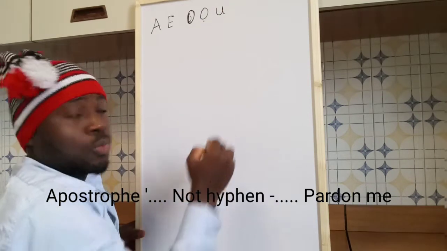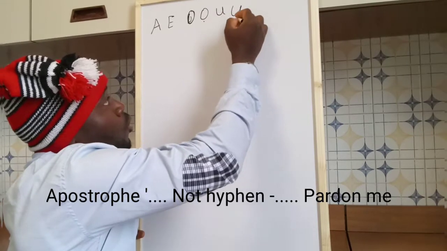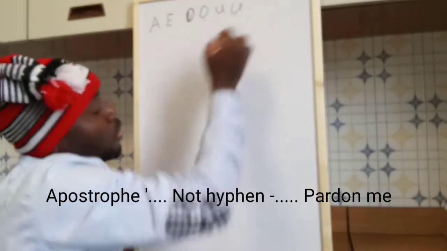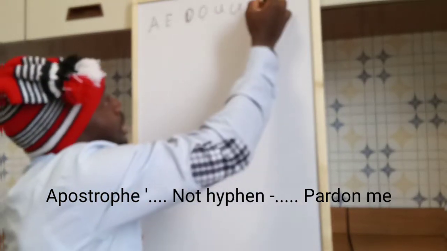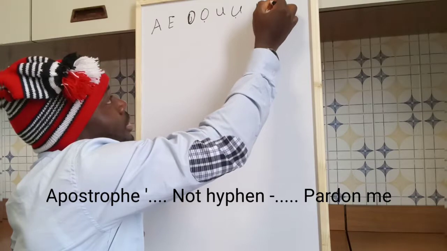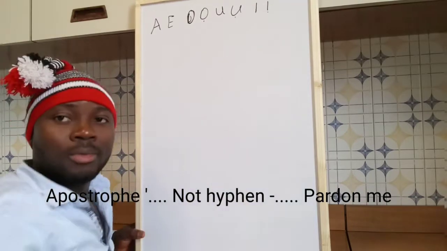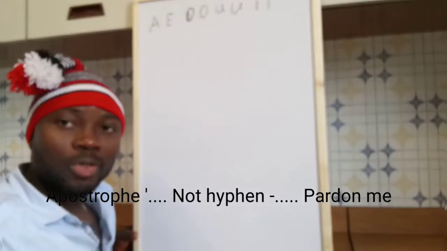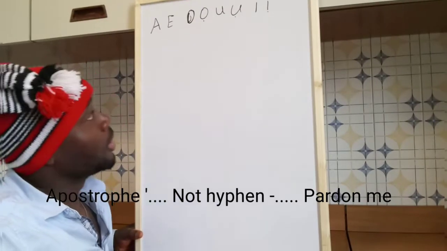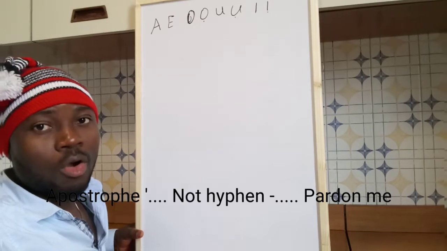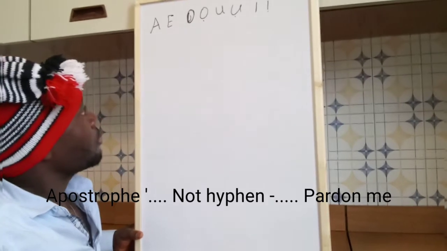U, and U, normal U and another U with a point under. And I, and I, normal I and another I with a point under. These are the 8 letters that are called Igbo vowels.